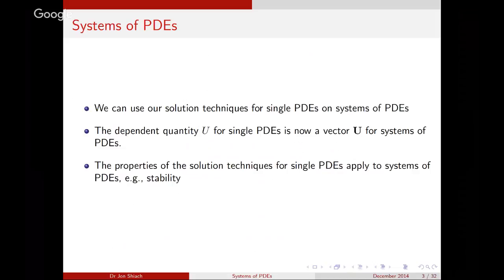With single PDEs, we've been solving for this function u. So u has certain values, and you've been calculating what those values are, and hence you've been solving a single PDE. With systems of PDEs, we now have a vector. Whereas you'll have a single function in the domain as your solution, you'll now have several functions in the domain, so you have a vector of solutions.